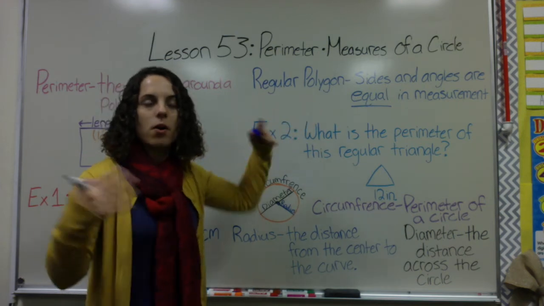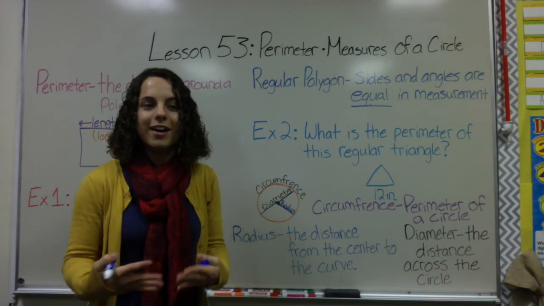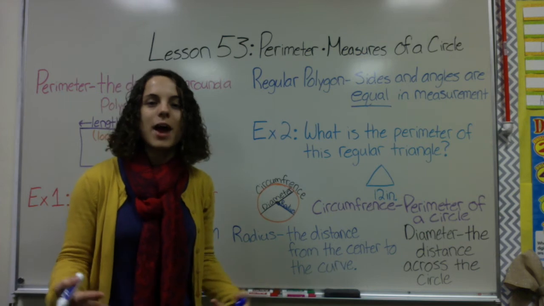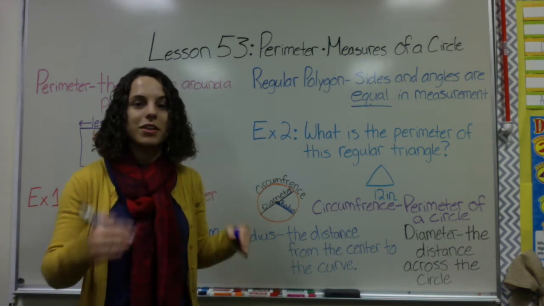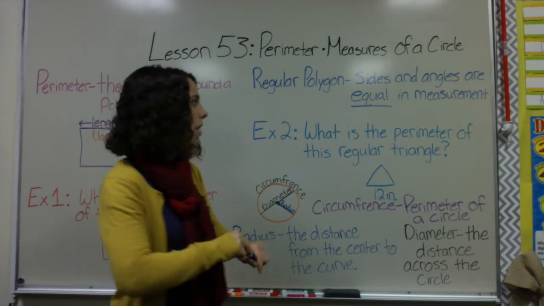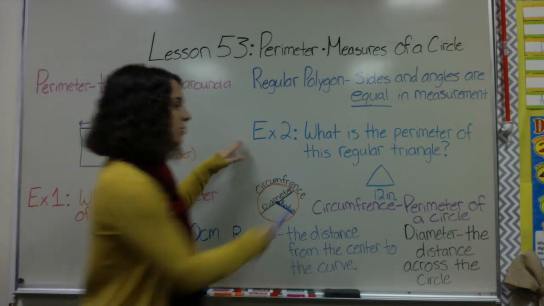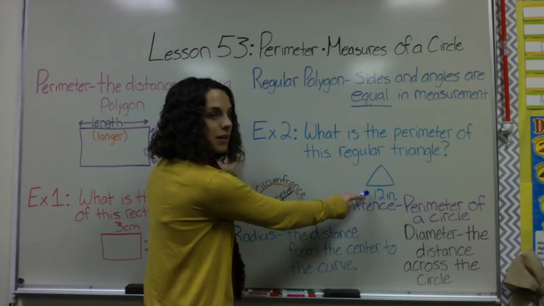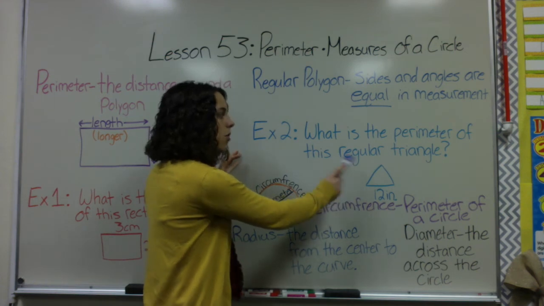So maybe a typical octagon that you would picture for a stop sign would have equal angles and it also has equal sides, or a regular pentagon that has all equal sides and equal angles as well. So example 2, what is the perimeter of this regular triangle? Notice it only gives you one side because it's 12 inches, but it's a regular polygon or regular triangle.